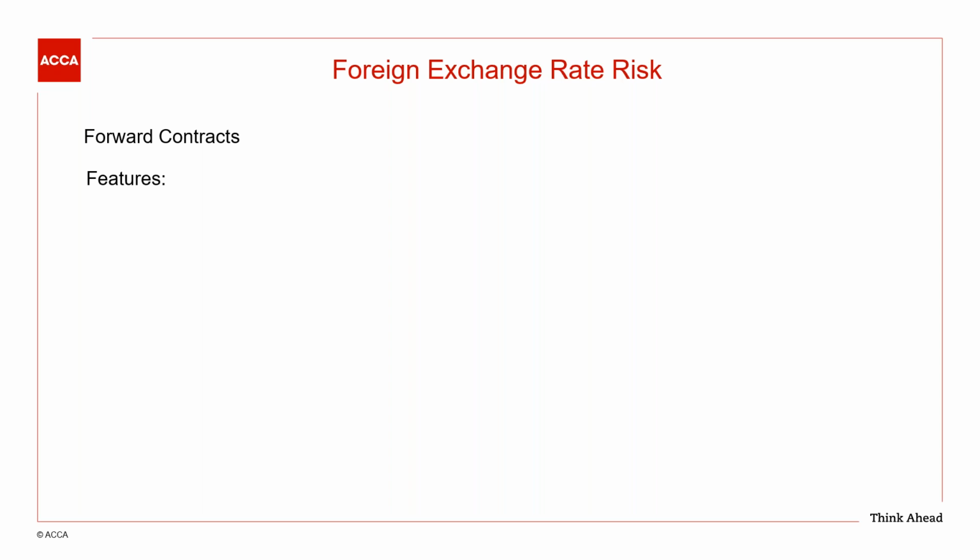But the risk is that the dollar may appreciate in value, and the company may have to pay more local currency units than it has to pay today. And if it happens, it will increase the cost of the company. So that is the risk. Now, how to hedge this risk?